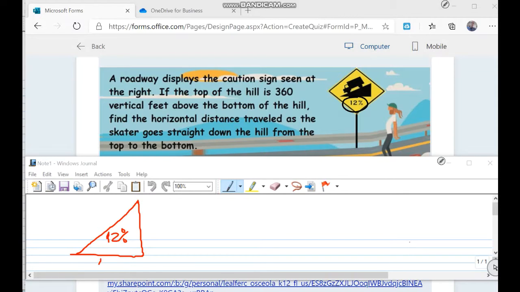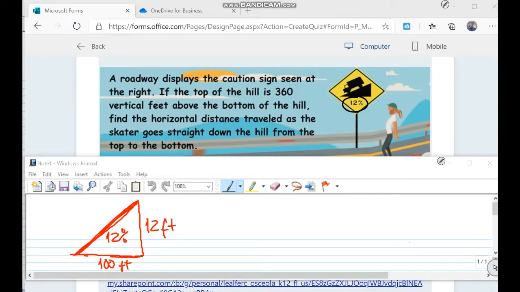That means for each 100 horizontal distance of run, you're going to have 12 feet of rise in the hill. For each 100 that you walk horizontally, you're going to rise 12 feet on the hill. That is what 12% means, okay? And this is a hint to solve this kind of problem.